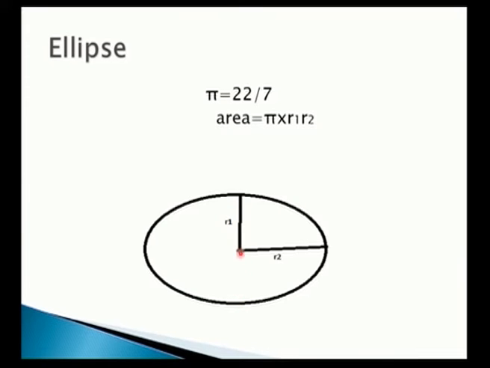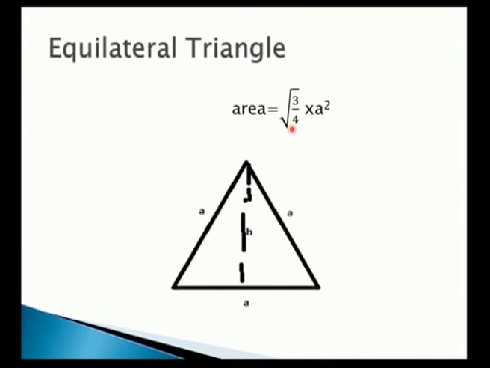So, that two kinds of radius exist. The major radius is denoted here as r2, then the minor radius is denoted here as r1. So, the area of the ellipse is calculated using the formula pi into r1 into r2.